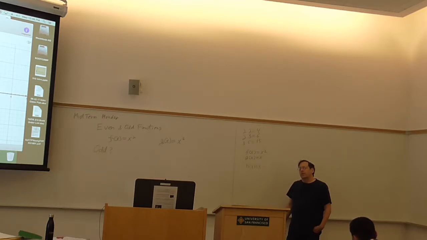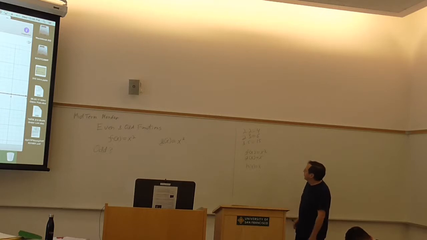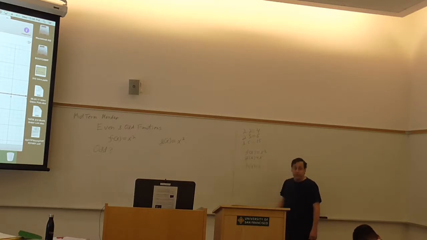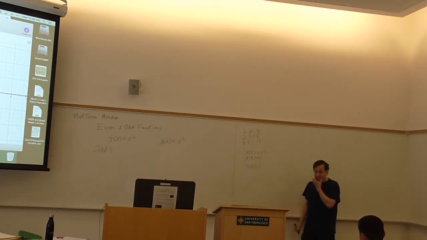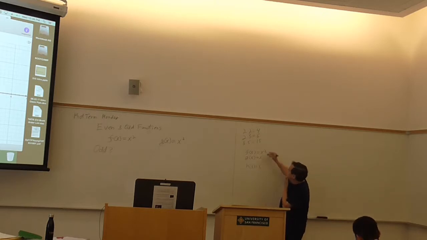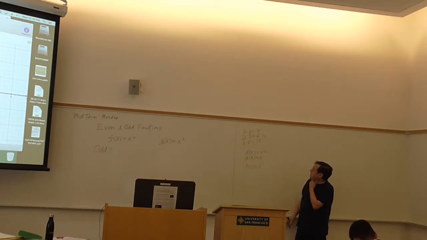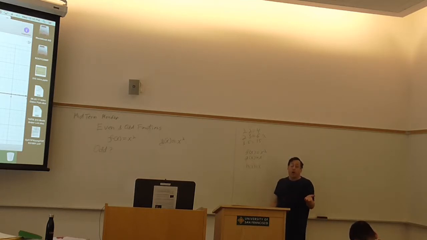Apparently, you multiply an odd and an even function, you get an odd function. That didn't work right, did it? And if I multiply two odd functions, like x cubed and x cubed, I get an even function.